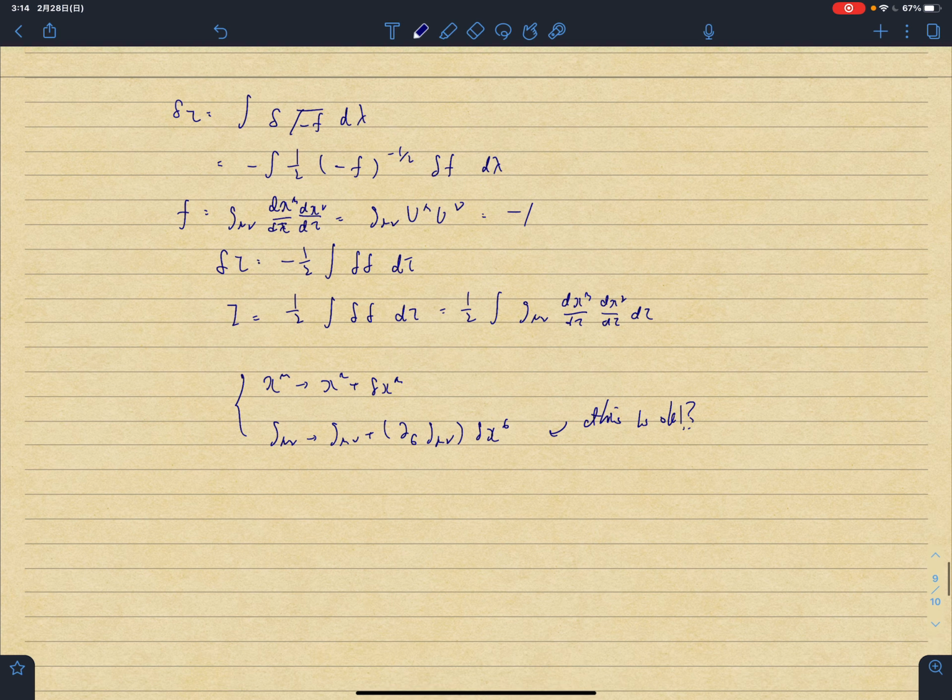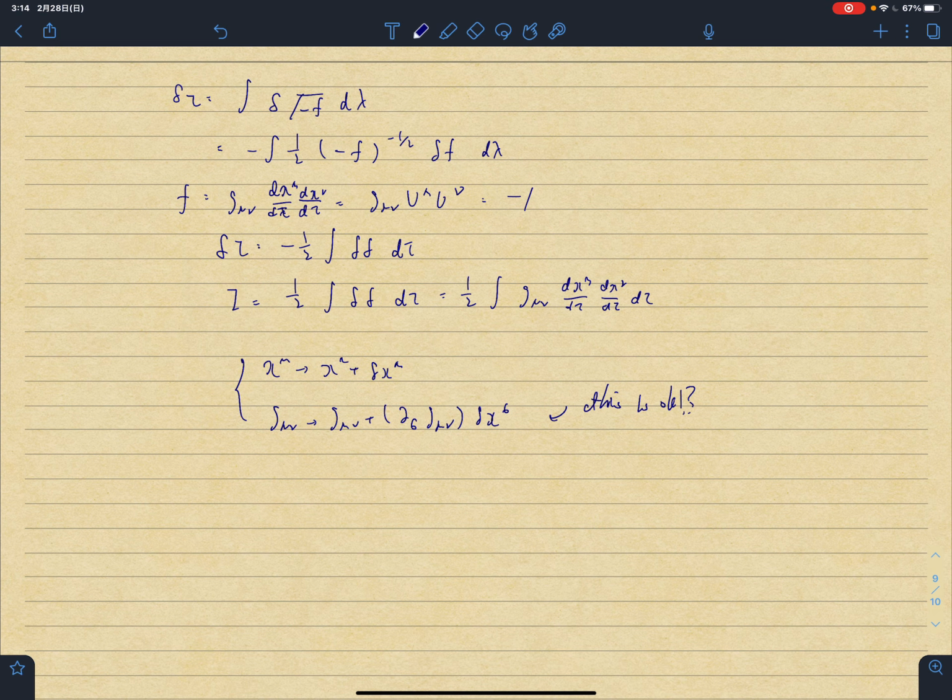We get, so, delta I equals delta sigma g... Well, of course, the derivation goes blah blah blah.